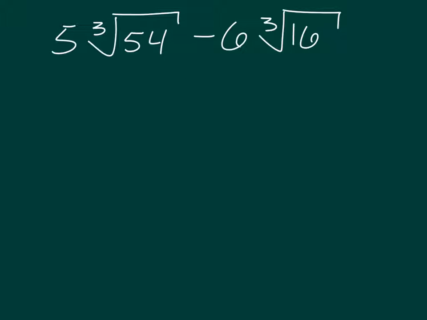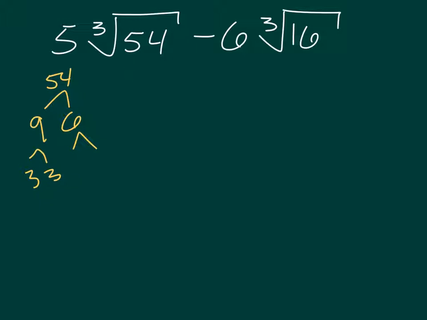So we're looking for groups of what size? 3, okay? So let's take them over here and find out. So 54 breaks down into what? 9 and 6, okay. 9 breaks down into 3 and 3.